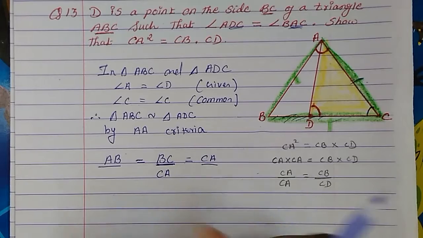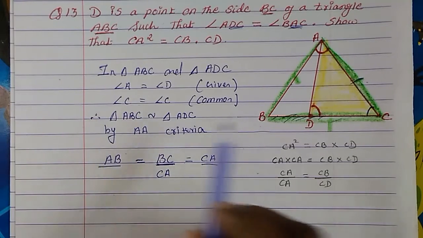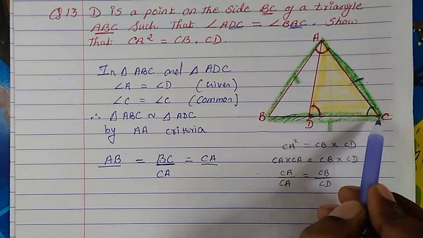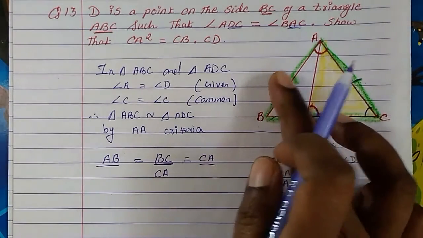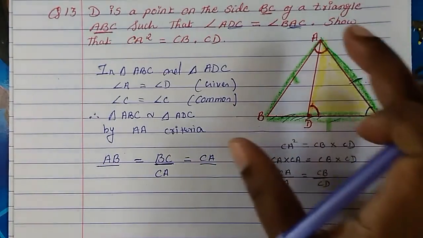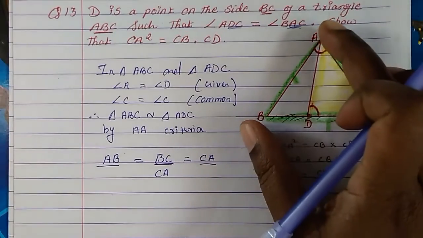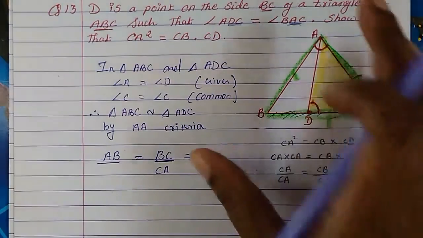Now, we said C is common for both triangles. So angle C is common here. For angle C, opposite to angle C, we have AB in the big triangle.